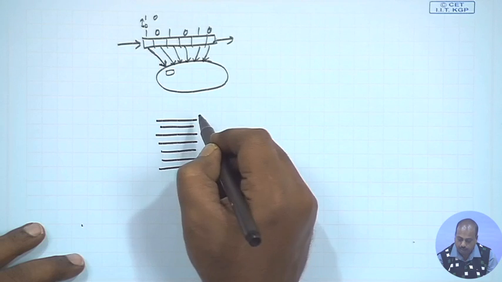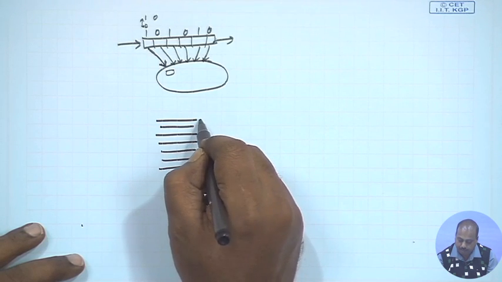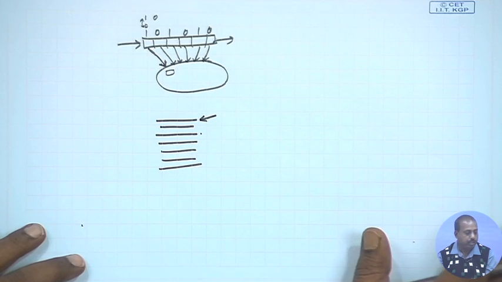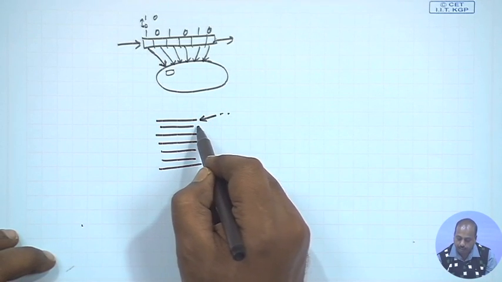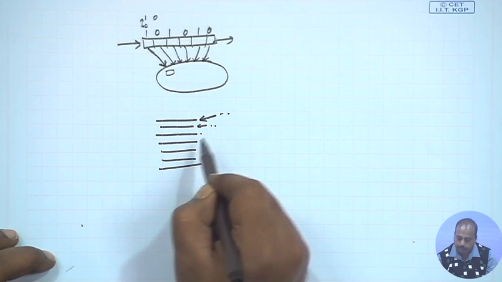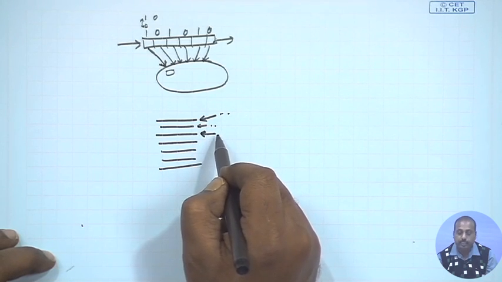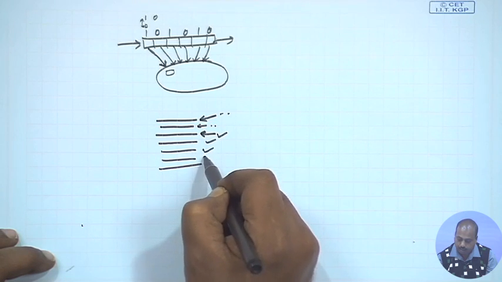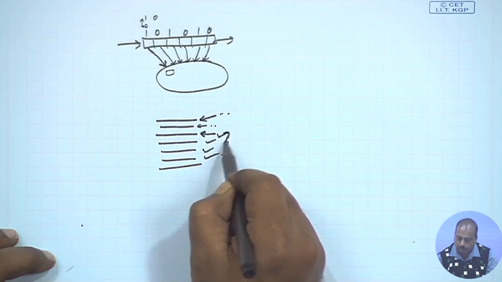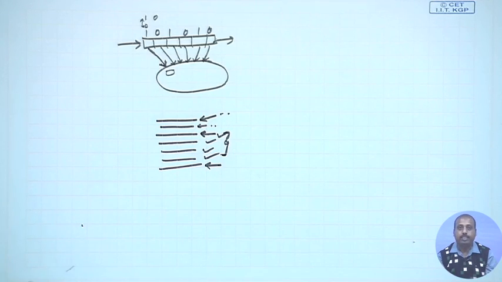Maybe we find that this is the first pattern which has detected some fault, this has also detected some new fault, but this pattern does not detect any new fault, and for that matter all these patterns do not detect any new fault, only this pattern detects the next new fault.